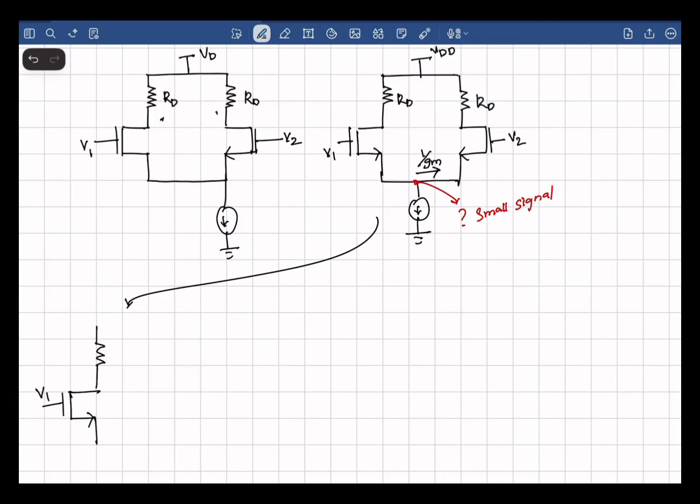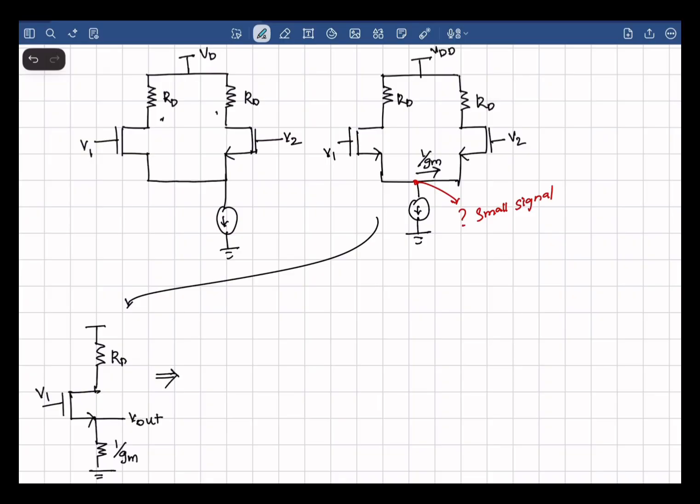So I can reduce this into 1 by GM, and the output is taken out of the source terminal.